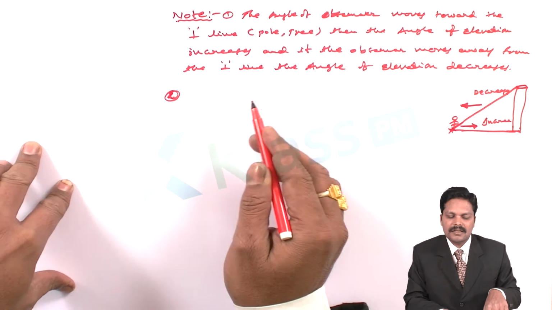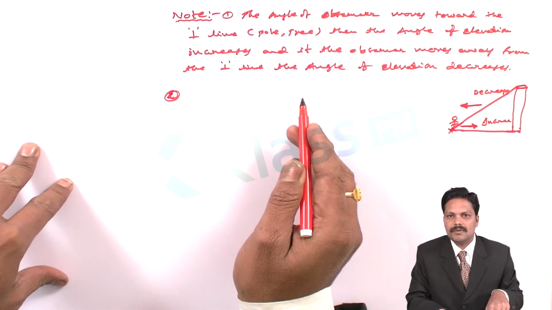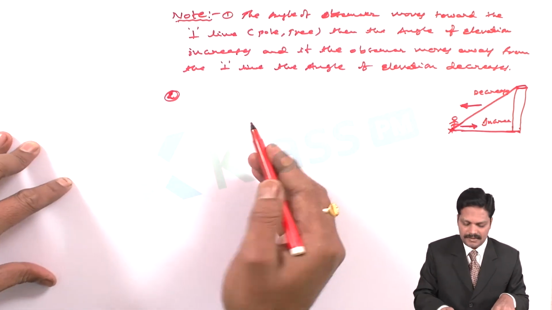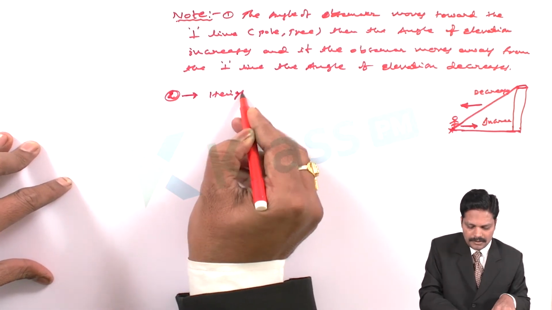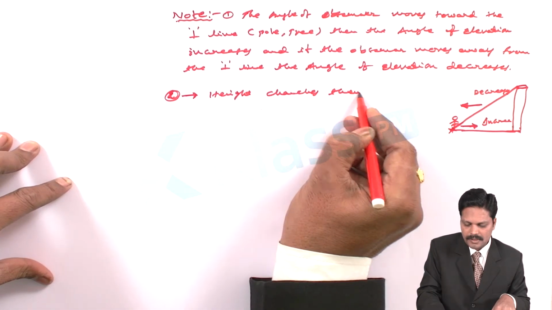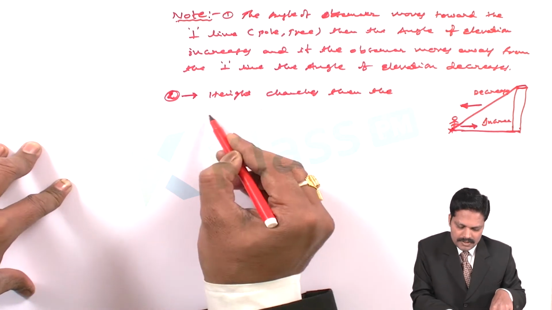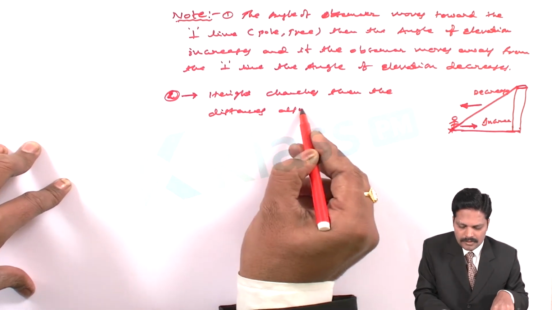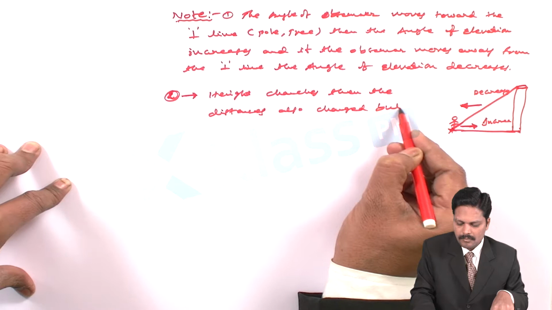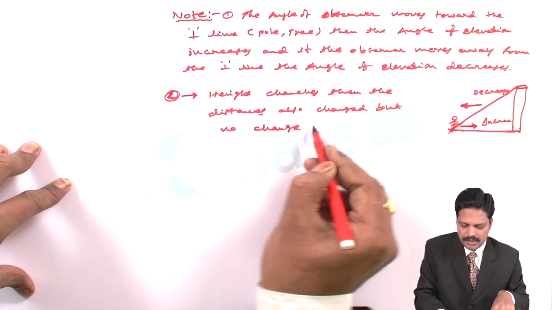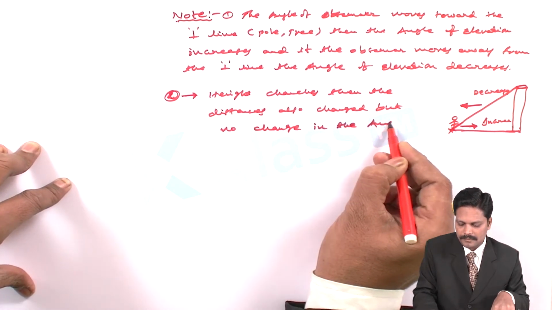The distance is doubled. When the height changes, the distance also changes, but no change in the angle.